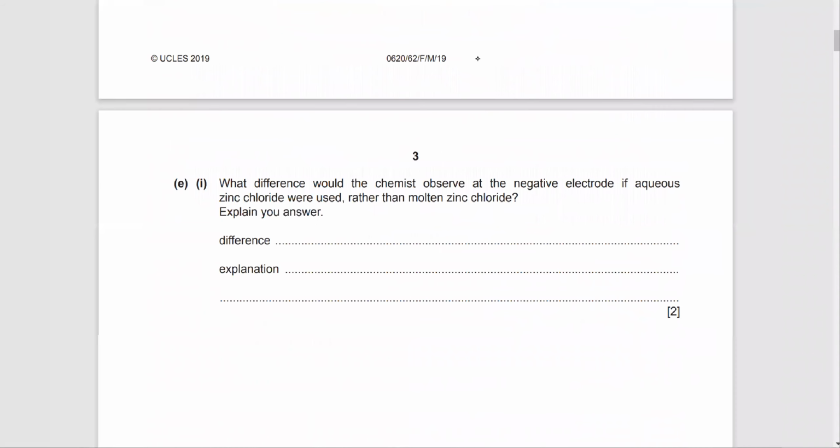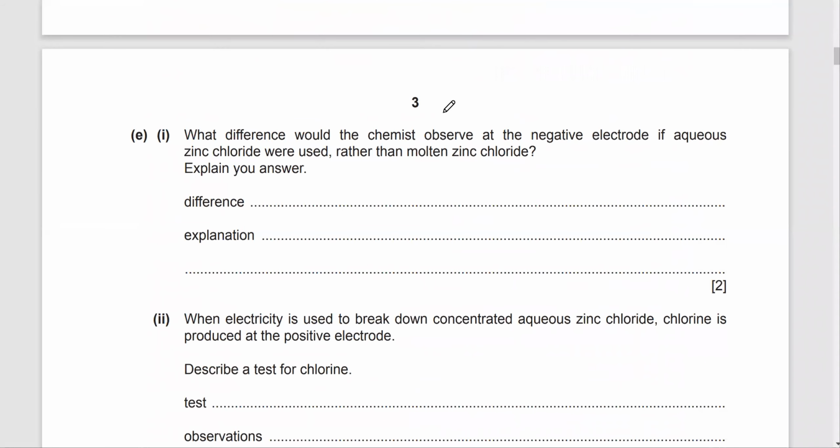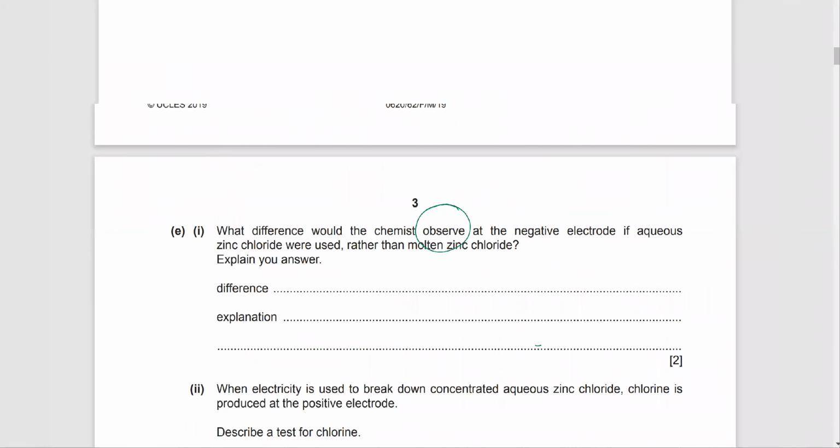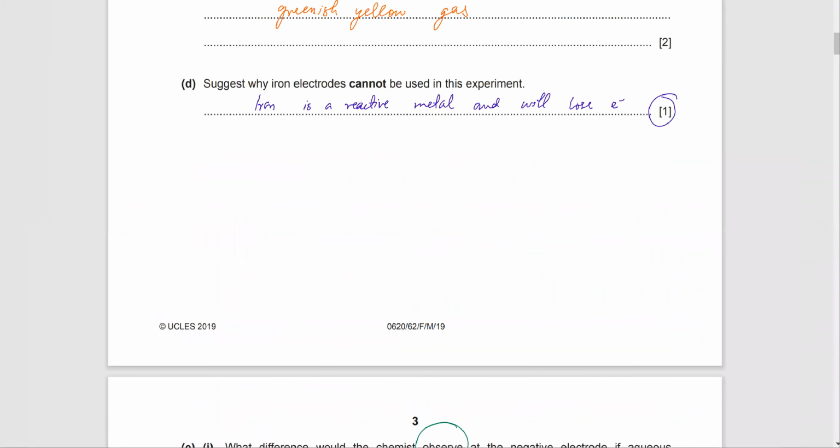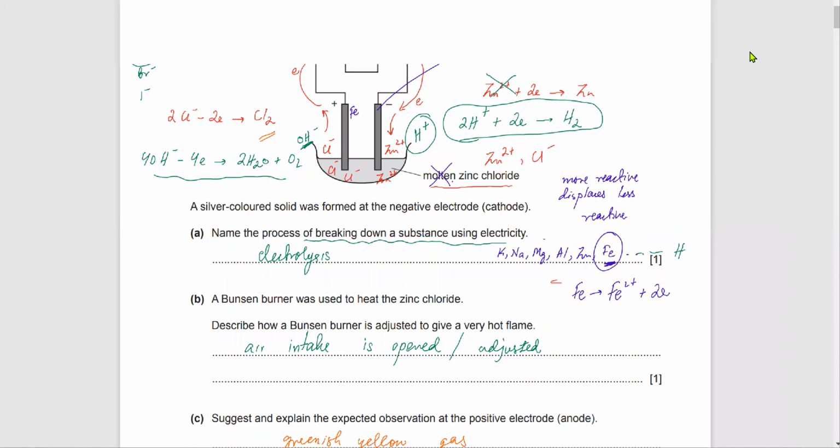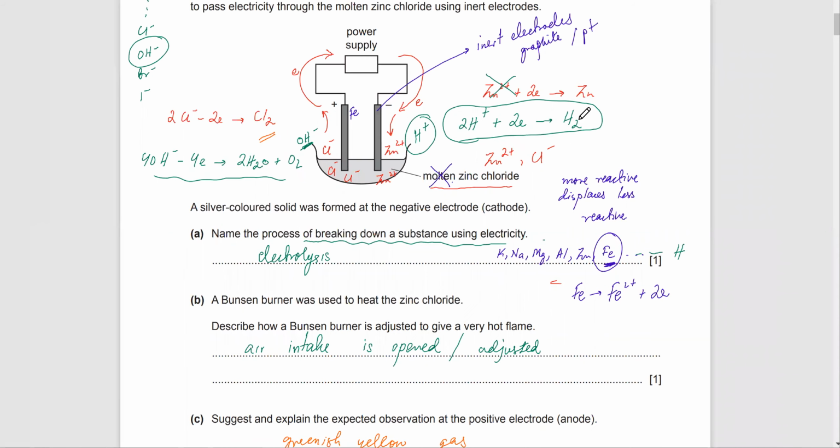I said the question was, what would you observe at the negative electrode? Now, he's not talking about the equation. He's asking, okay, what difference would you observe if aqueous is used? Observe means what you're going to see, not the equation. So what you're going to see is hydrogen gas bubbles.